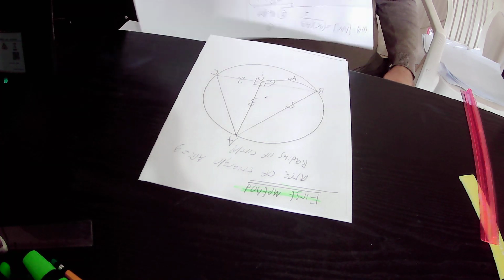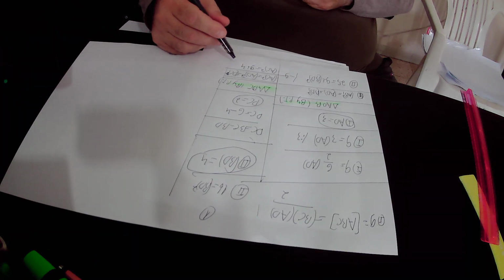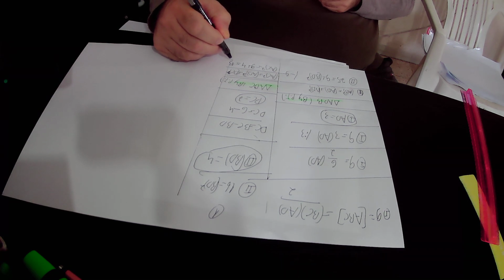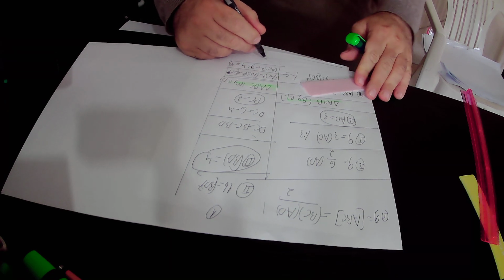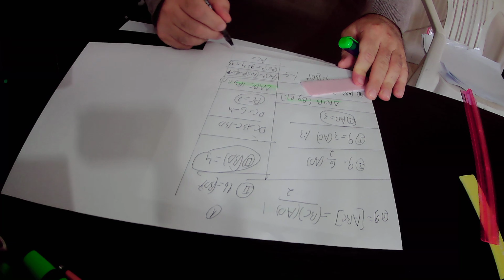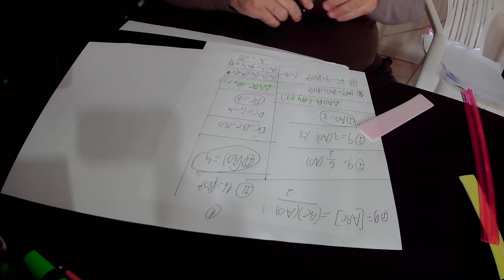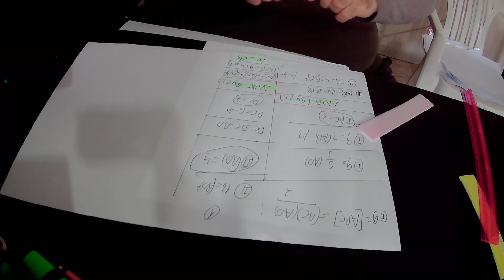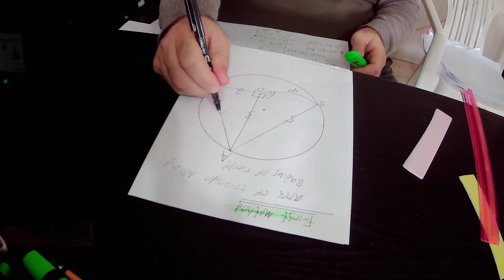So in conclusion, AC square equals 9 plus 4 is 13. AC square equals 13. Here we take a root out of this equation and we'll find out that AC equals the square root of 13 units, so we can write here that AC equals the square root of 13 units.